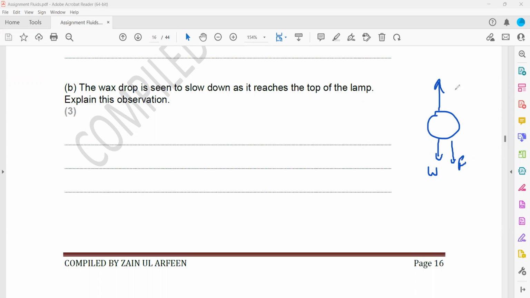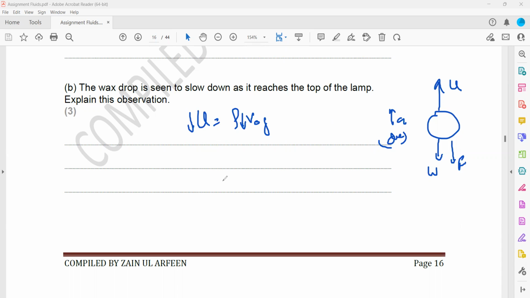Here we have weight, viscous drag and upthrust. Upthrust equals density times volume of object times gravity. As it is rising, the temperature is high at the base, but at the top the temperature is low. As a result, the volume decreases, so the upthrust decreases. As a result, the resultant force will decrease, so its acceleration will decrease as well.